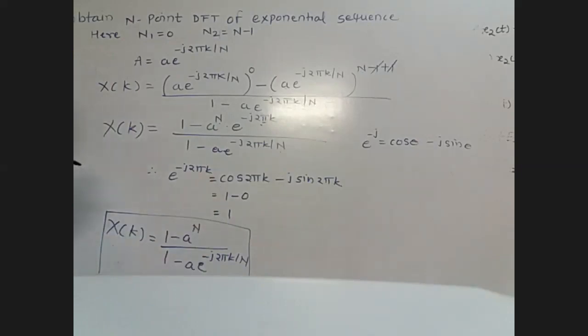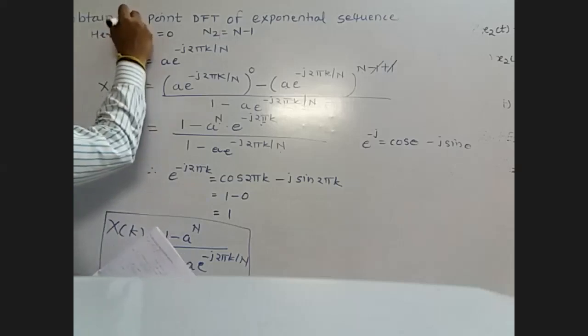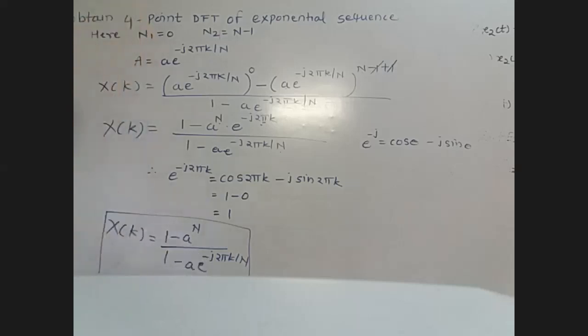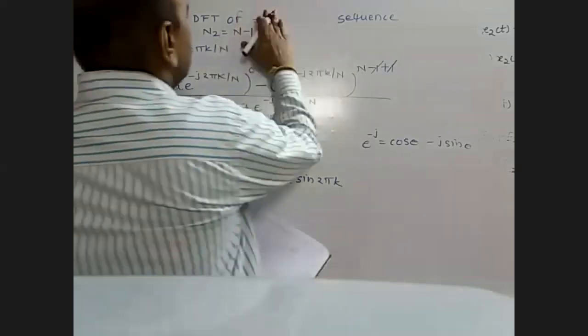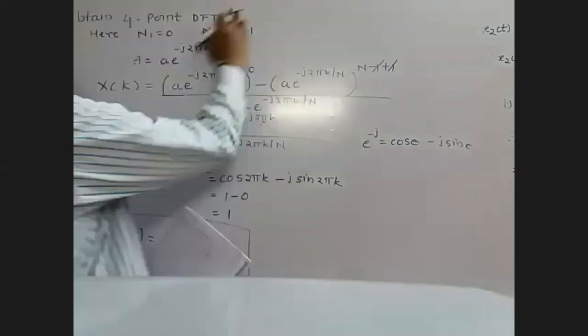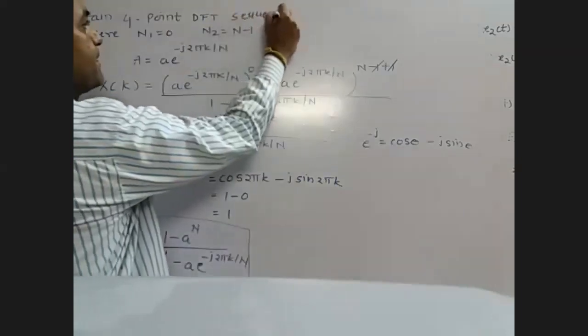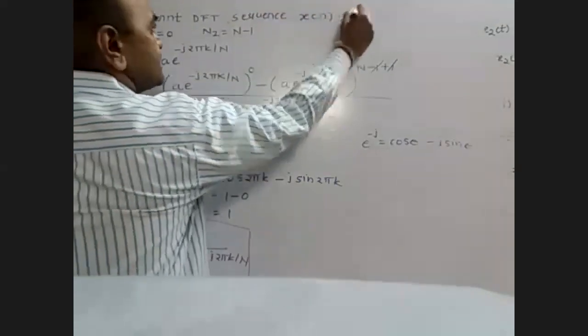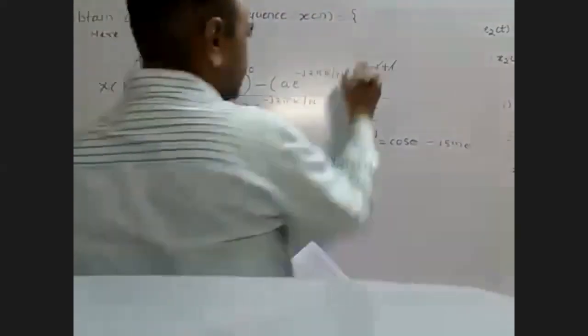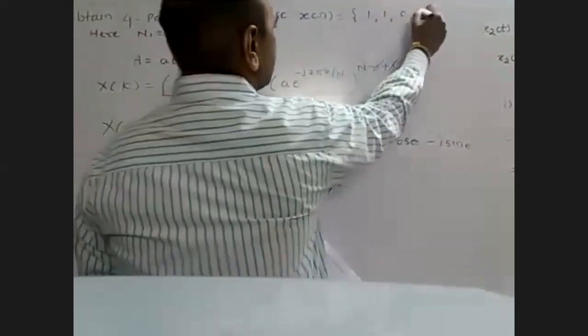Now we will go for the third problem. Okay, now I am erasing it. Now instead of n-point we will go for the 4-point DFT sequence. Obtain the 4-point DFT sequence: X of n is equal to, in curly braces, 1, 1, 0, 0.